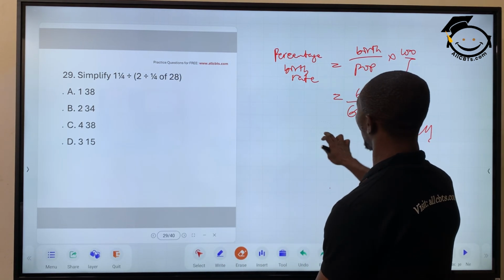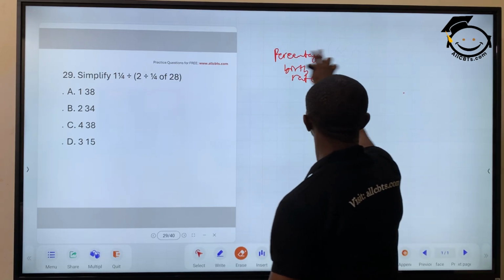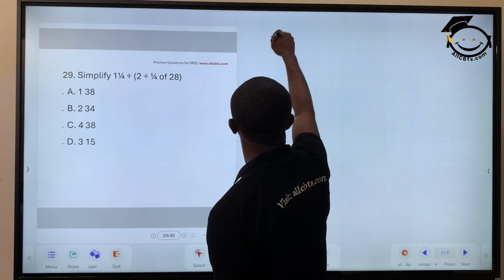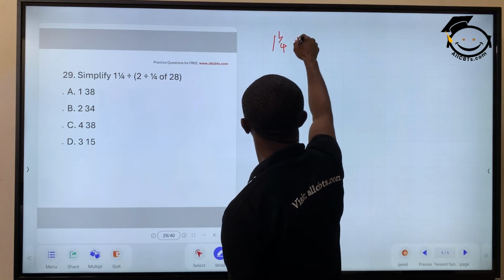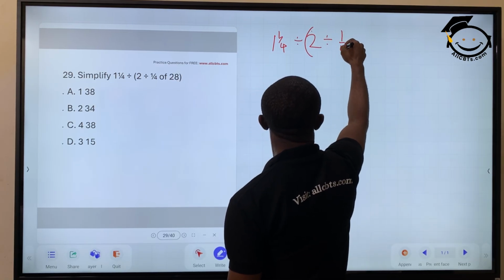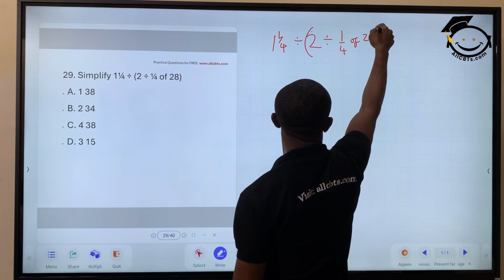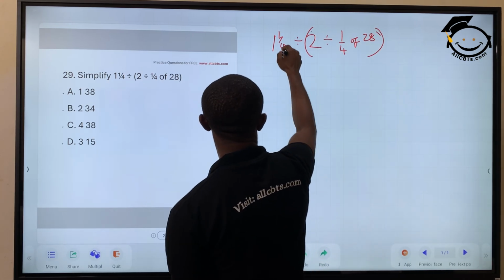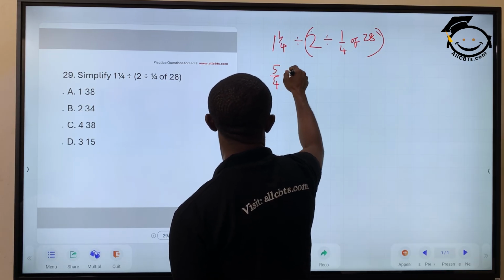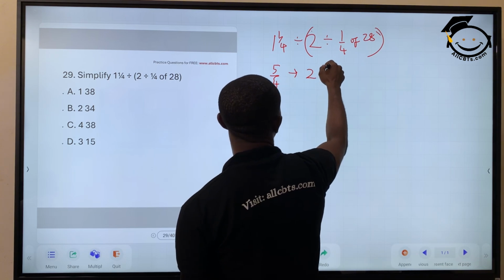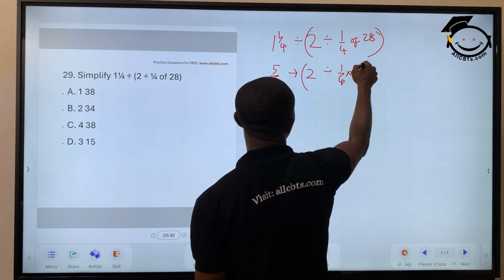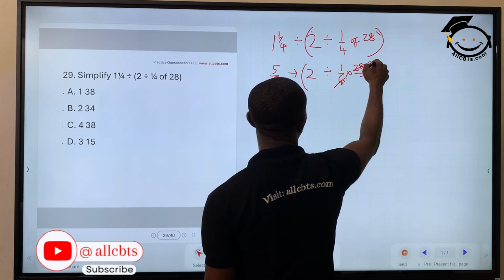Next we have simplify 1 over 4 divided by 2, 1 over 4 of 28. Changing this to a proper fraction, this becomes 5 over 4 divided by 2 divided by 1 over 4 times 28. 4 here, 1, 4 here, 7.